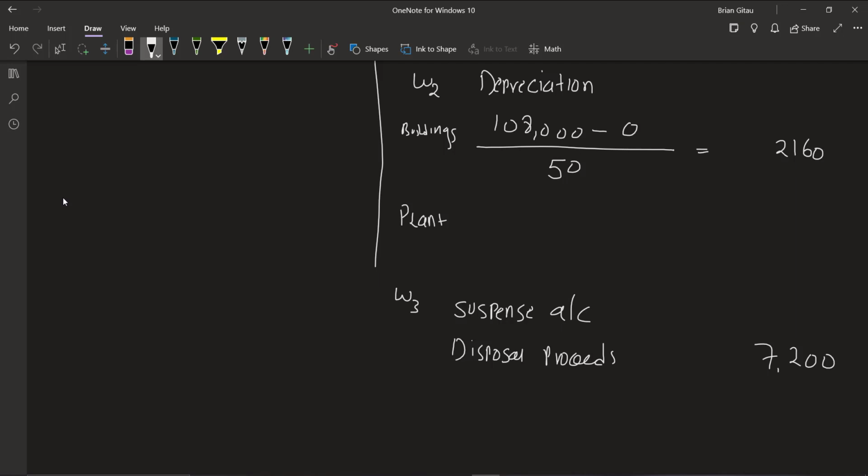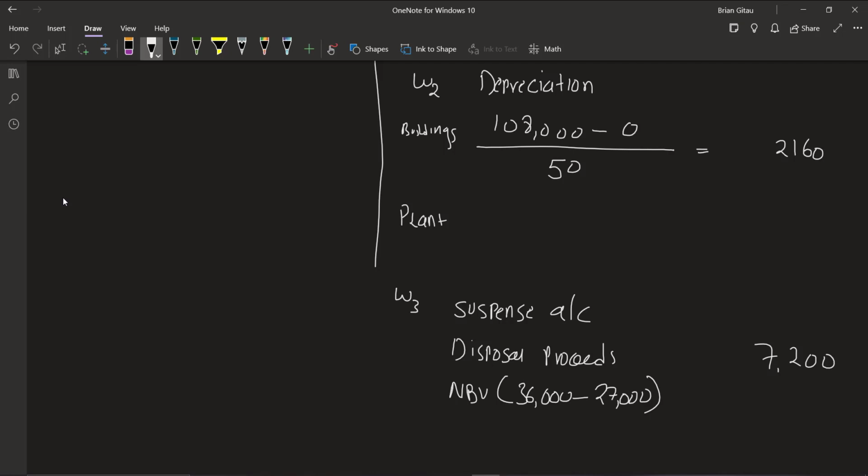The cost was 36 million. We need to get the net book value so that we can assess whether there was a gain or a loss. So the cost was 36 million and the accumulated depreciation was 27 million. So let's compute that.